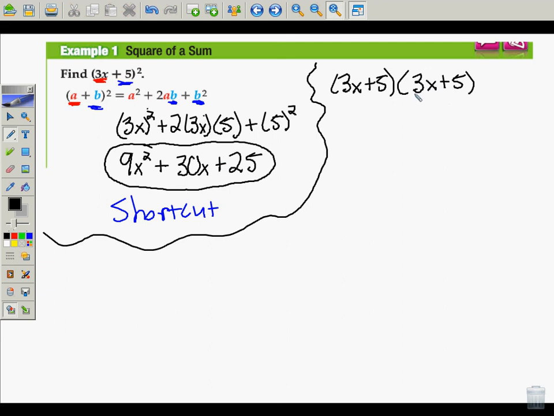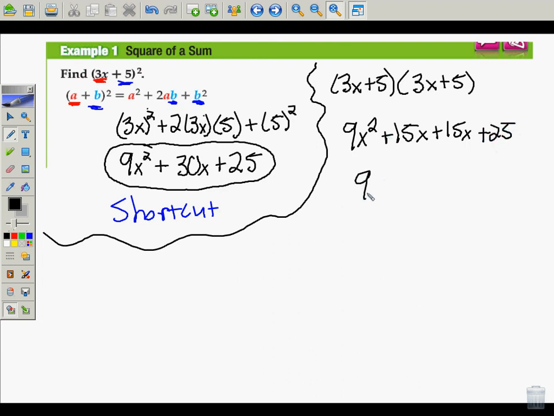Outside times outside, 3x times 5, plus 15x. Inside times inside, plus 15x. 5x times 3x. Last times last, 5 times 5, plus 25. Combine my like terms, 9x squared plus 15x gives me plus 30x. And then I have my plus 25.